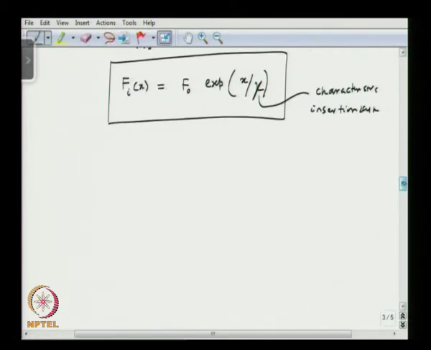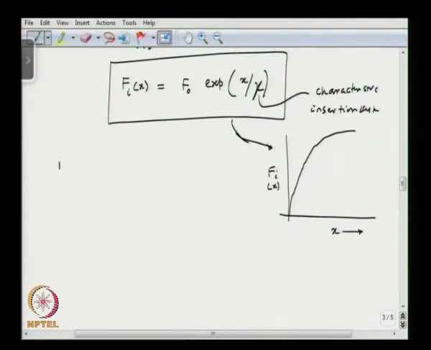We see that the insertion force varies exponentially. If this is x, the depth in the skin, then the insertion force is a function of x, and it is going to increase as the needle penetrates more and more into the skin, and it is going to reach a steady value. This is the nature of how the insertion force would vary.